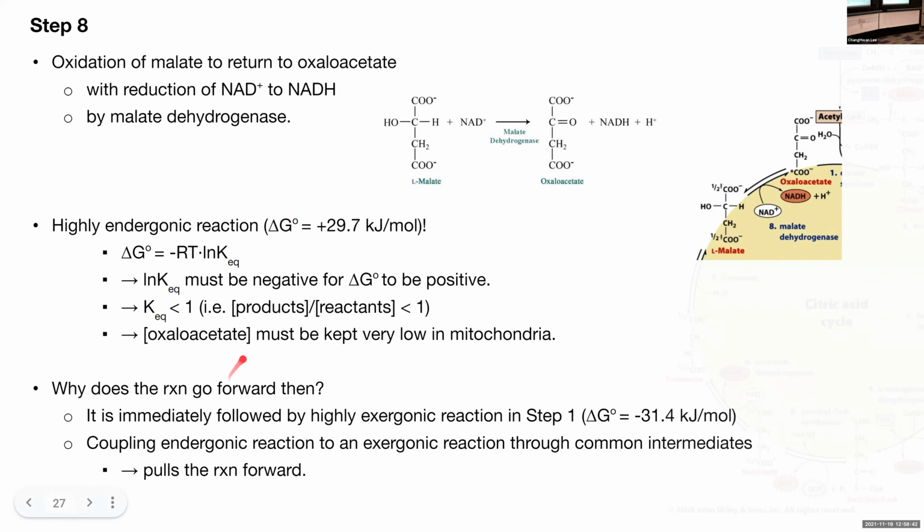It can be achieved by the immediate clearing of this oxaloacetate by the reaction in step 1, which is highly exergonic with the delta G naught value of negative 31.4. So it's again coupled exergonic and endergonic reactions there.